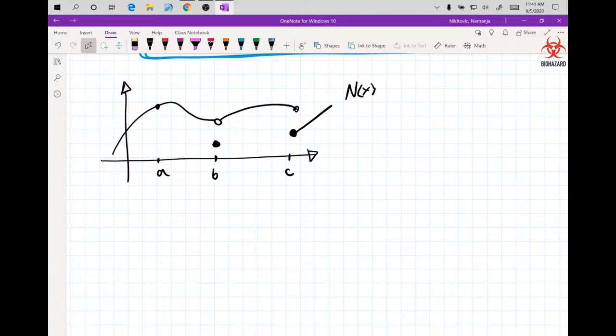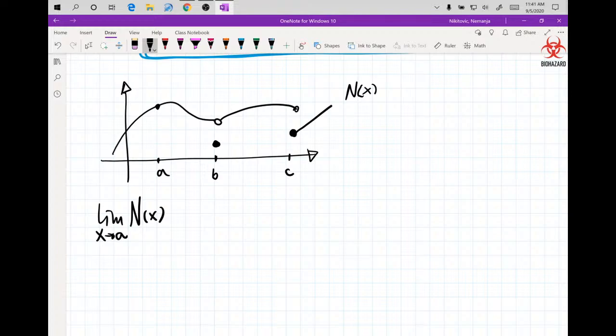So now, what are we going to do here with the limits? Let's check. First, I'm going to take a look at the limit of n of x as x approaches a.